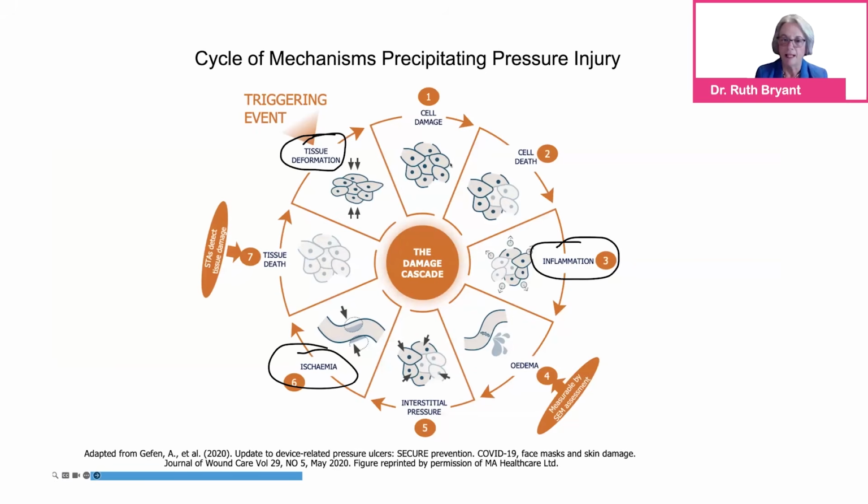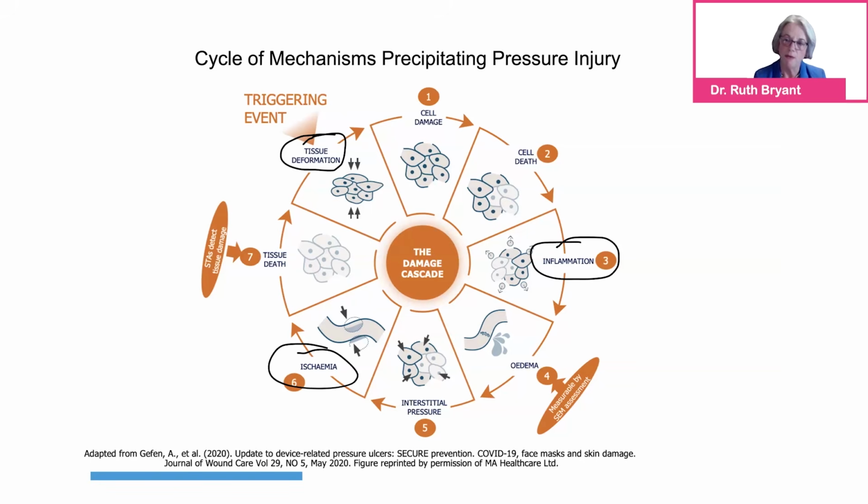You saw this illustration before, and I think what I would like to point out with this cycle of the precipitating pressure injury is the concept when I've been in pressure injury prevention and skin care since the early 80s, and we were really emphasizing blood vessel occlusion and arterial occlusion. That's what our focus was, preventing arterial occlusion.